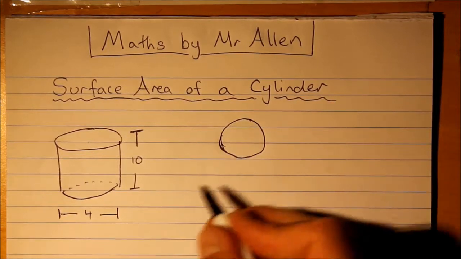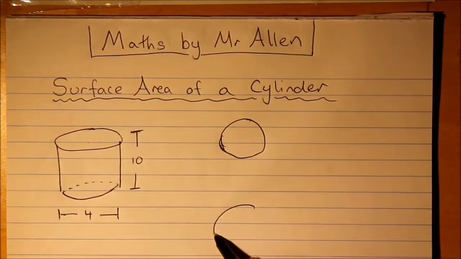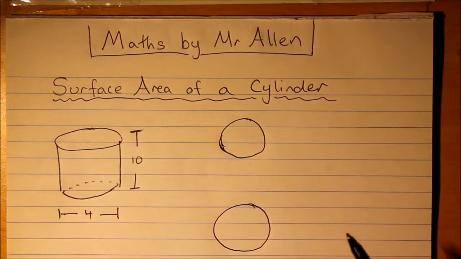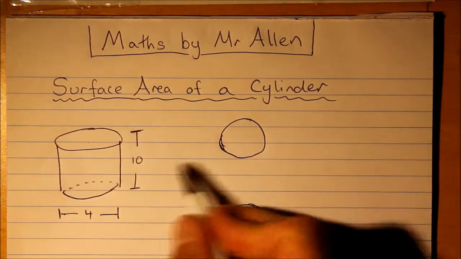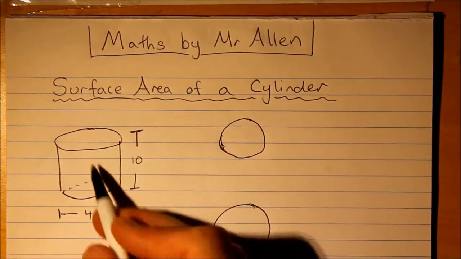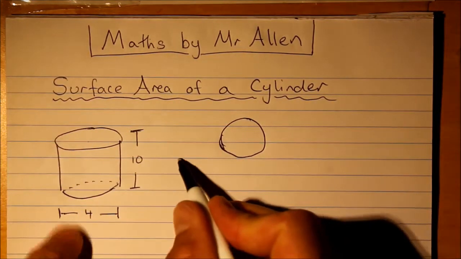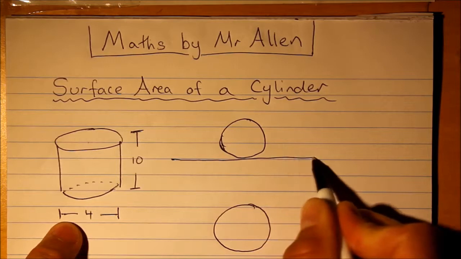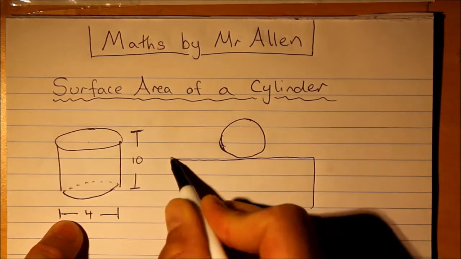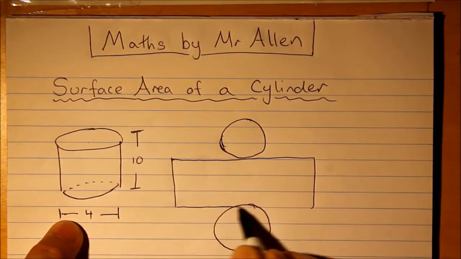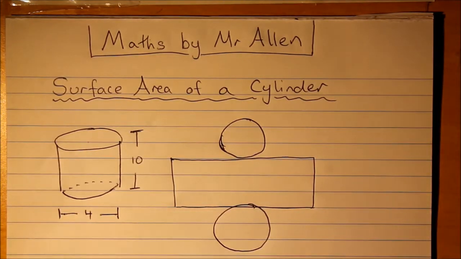Okay, and the bottom is a circle. And well, if you would snip this up, you could flatten the curvy part out and you just get a rectangle. Something like that.